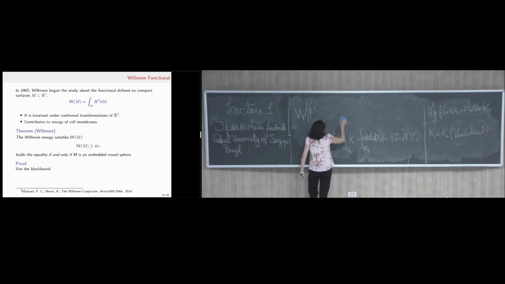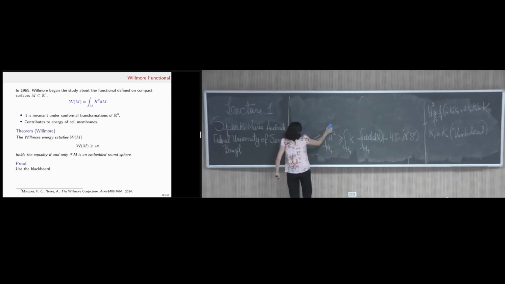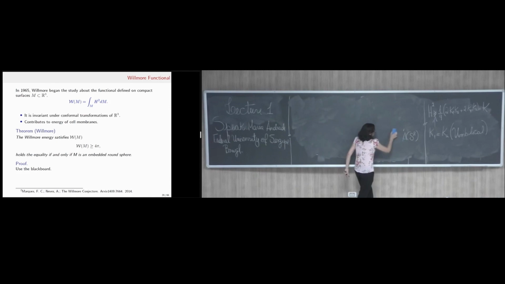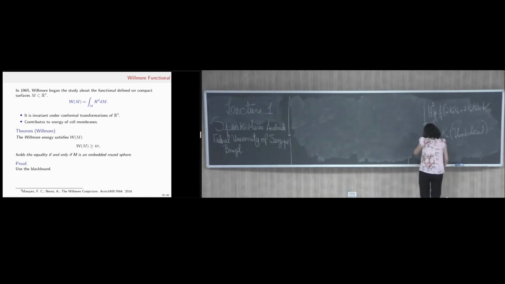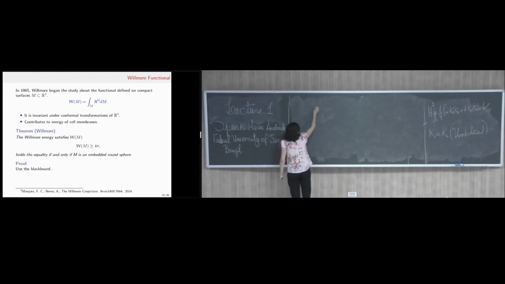If you have a compact surface, I will do some picture here to motivate this. Remember, these are good exercises for students. You have a compact surface. My claim is that there exists a point on the surface at which the Gaussian curvature is bigger than 0, and you finish the proof.